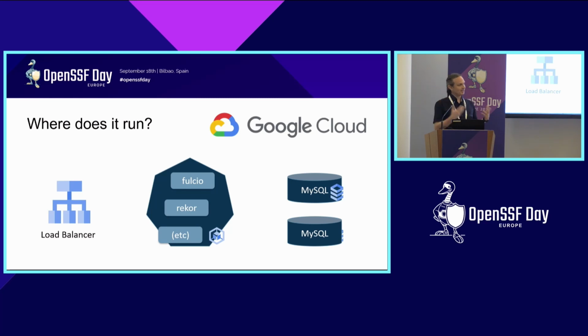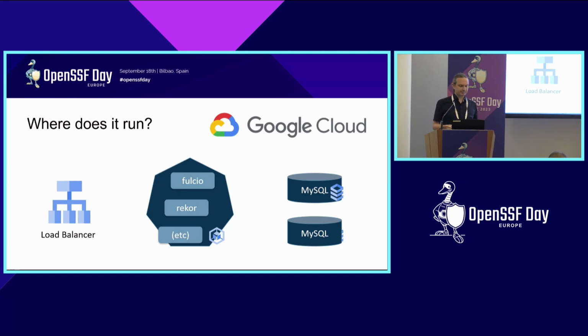And so, as you probably figured out by that hint, most of this runs on Google Cloud. Some of it runs elsewhere, but most of it runs on Google Cloud, and uses Google Cloud's load balancing, and then a Kubernetes cluster where we run a lot of the actual Sigstore infrastructure, and that's backed by MySQL databases where the data is actually stored. There's some Redis, and TUF also uses a cloud storage bucket.